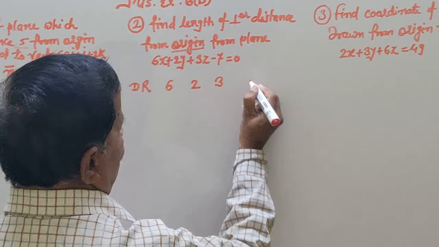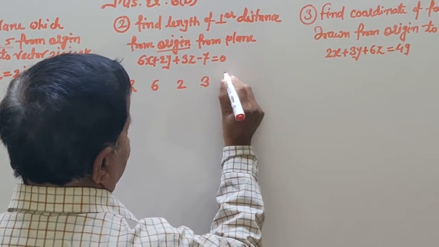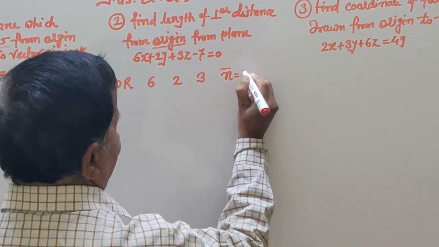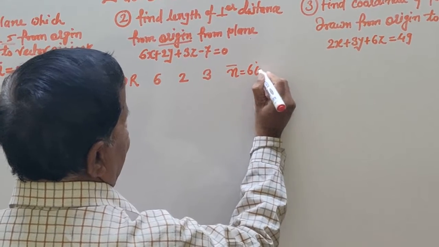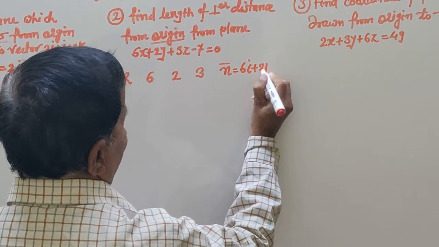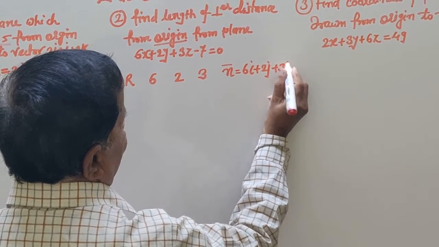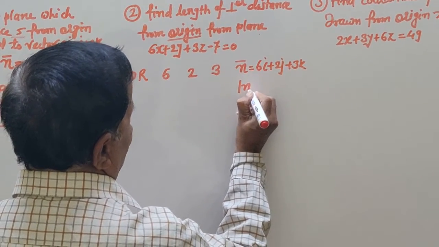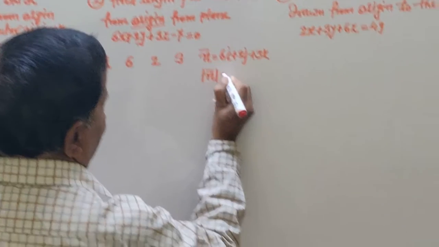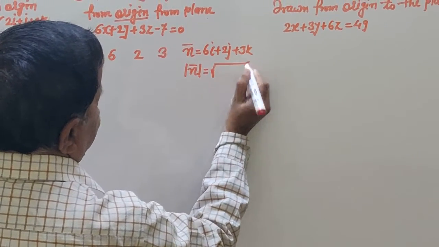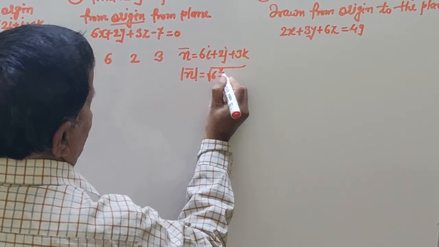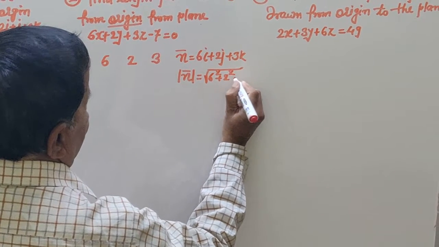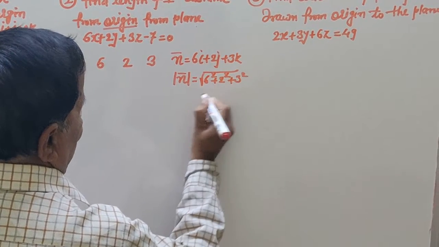Now what is my n vector equal to? I can write down 6i plus 2j plus 3k. Now I can find the magnitude of n, which is the square root of 6 squared plus 2 squared plus 3 squared.